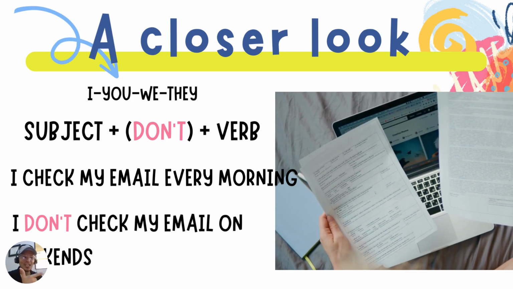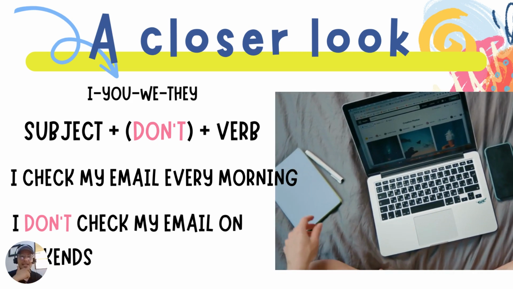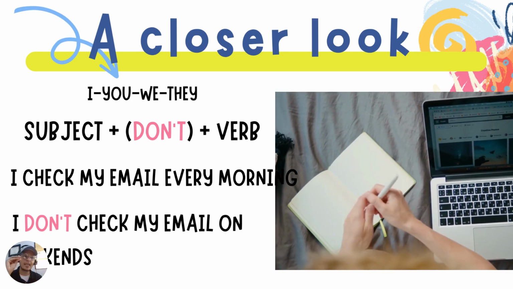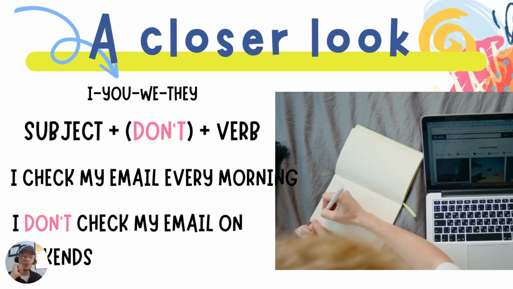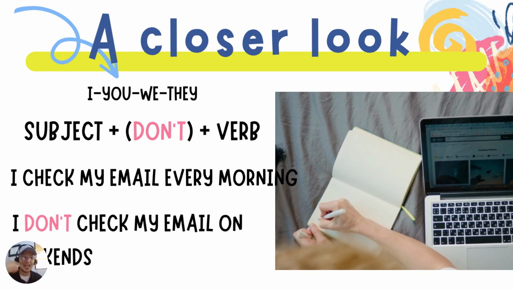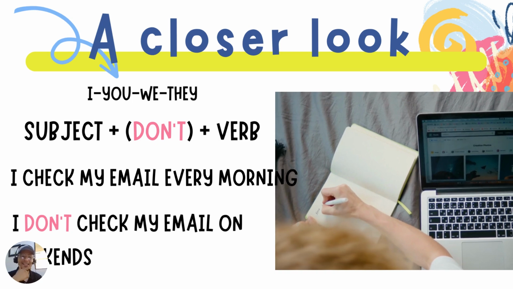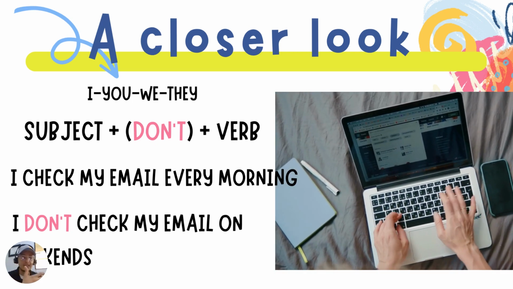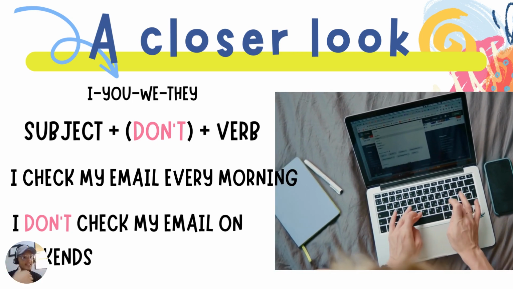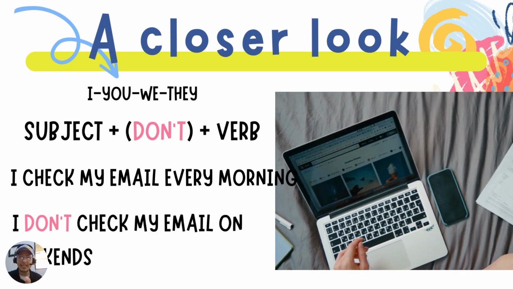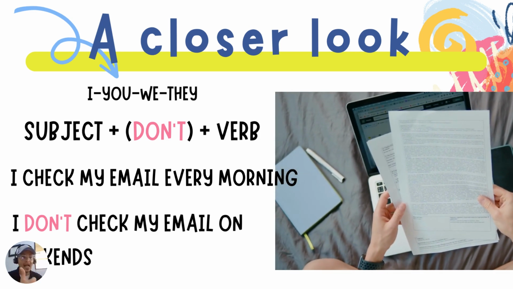Exactly, he, she, and it. It's because in simple present, he, she, and it have a special conjugation that we are going to check in a couple more slides. However, this is the structure to create sentences in affirmative or negative with the subjects I, you, we, and they.